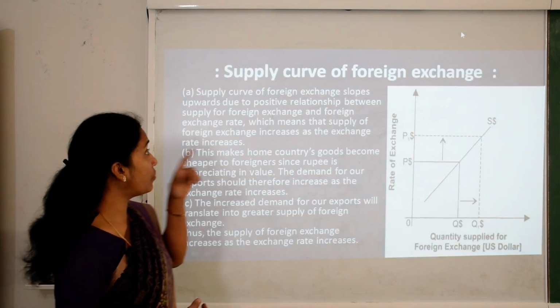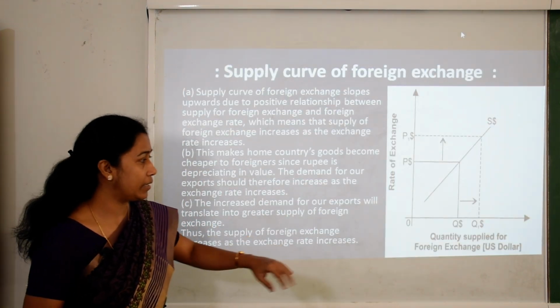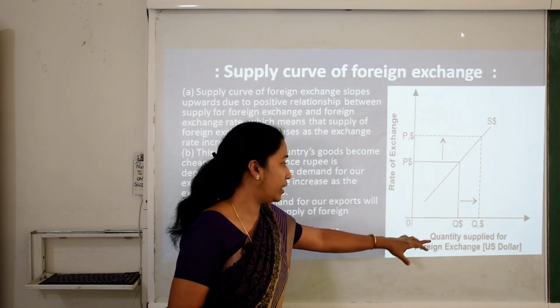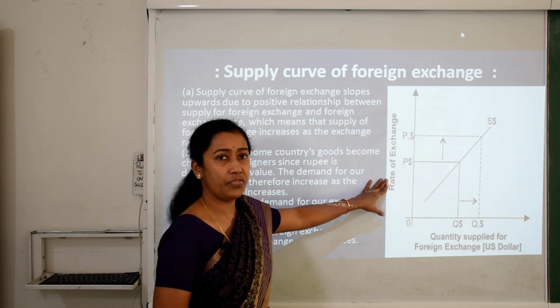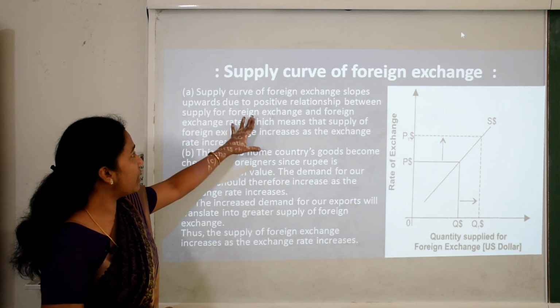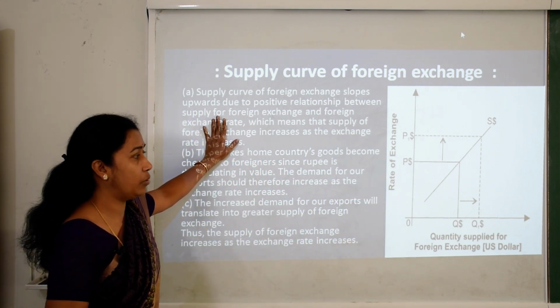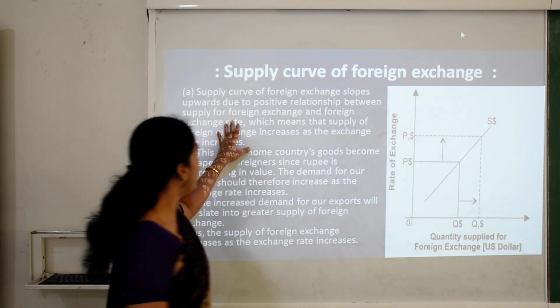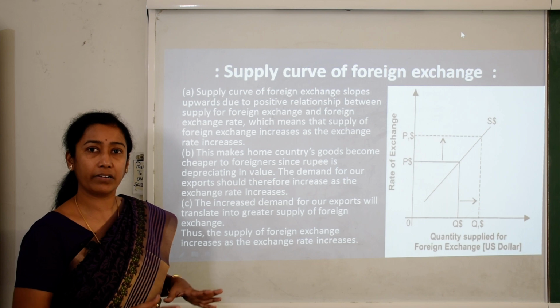Now the supply curve of foreign exchange. Here we can see, on the OX axis we have the quantity supplied of foreign exchange in terms of US dollar, and the rate of exchange. The supply curve of foreign exchange slopes upward, due to a positive, that is direct, relationship.